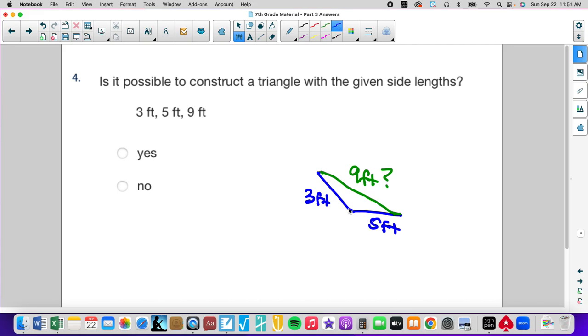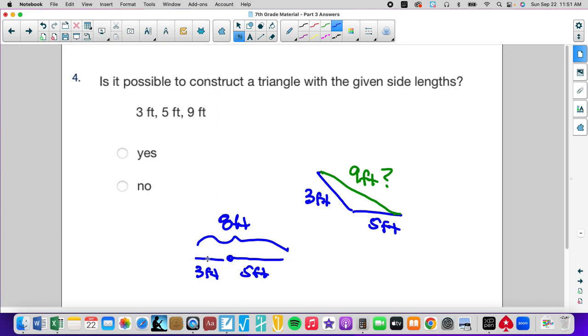Why? Because if we straighten this out, if we put this as a straight line, you'd have 3 feet and 5 feet, and this adds up to 8 feet. So there's no way that this can be 9 feet. This side has to be less than 8 feet, because a triangle is not a straight line. It has to have 3 sides.